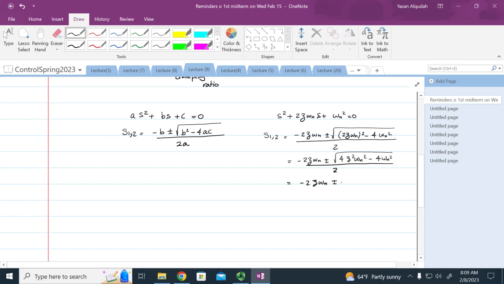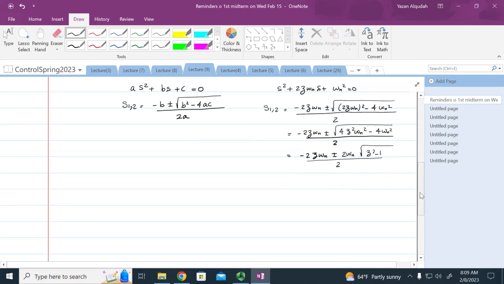So we're going to have plus or minus 2 omega n times the square root of zeta squared minus 1, and all this divided by 2. And we can write this as negative zeta omega n plus or minus omega n multiplied by the square root of zeta squared minus 1. And this is the form that we want.